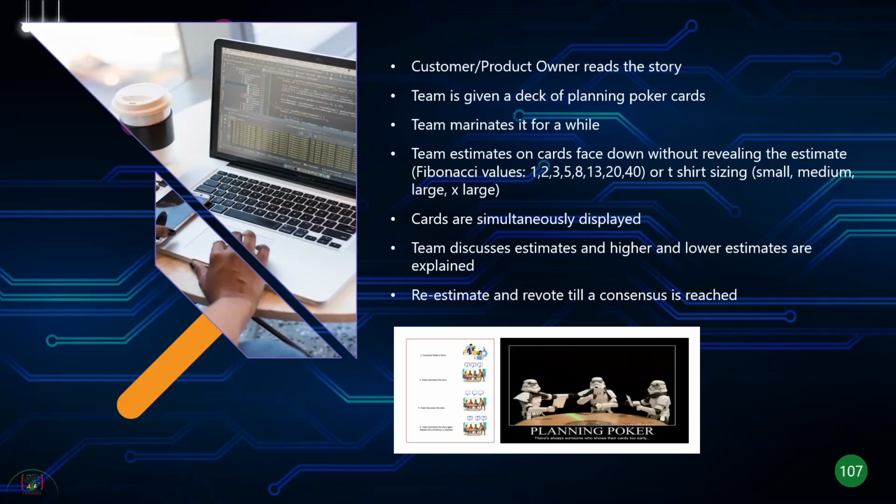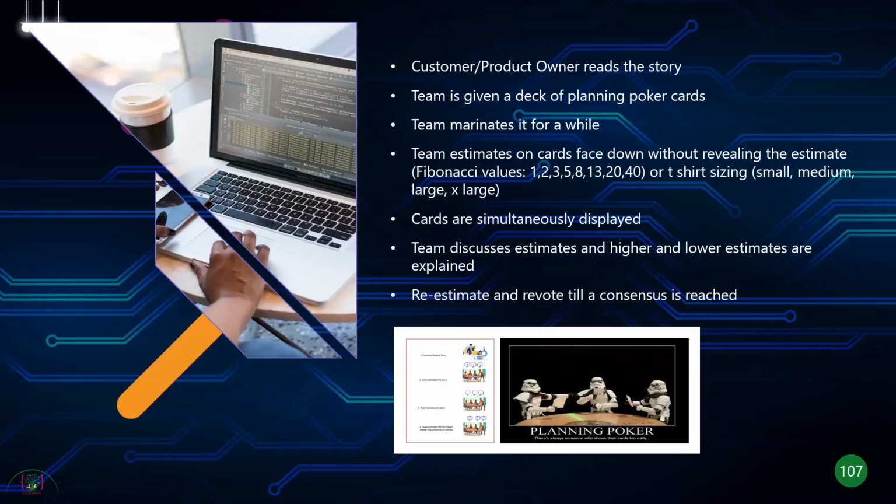The team is going to think about the user story for a little bit, and then they will estimate the value of the user stories. The cards will be face down. So basically, they won't reveal the estimate to the rest of the team members, but they will estimate it in their mind.